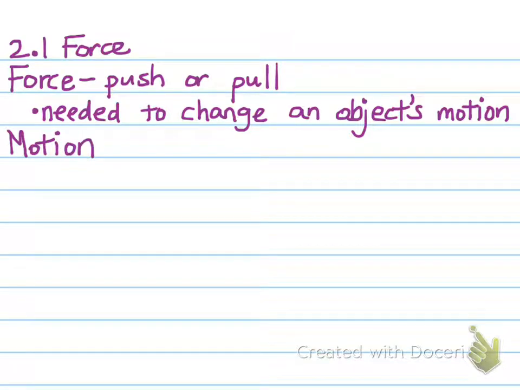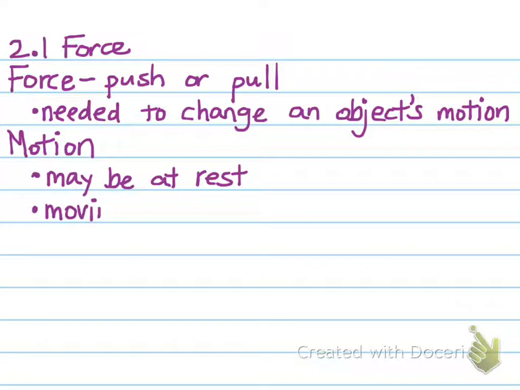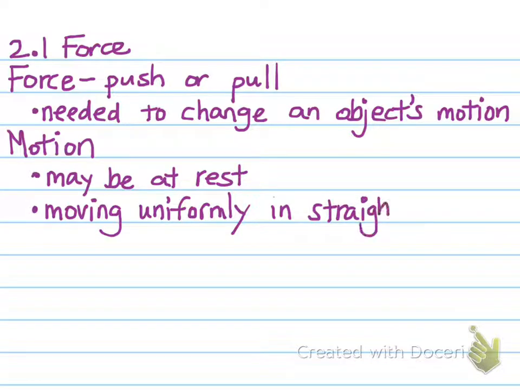Motion then. There are two types of motion. The object may be at rest, in which case we would say there's no motion. The other way we can have motion is that our object can be moving uniformly, which means constantly, or at the same speed, in a straight line path.